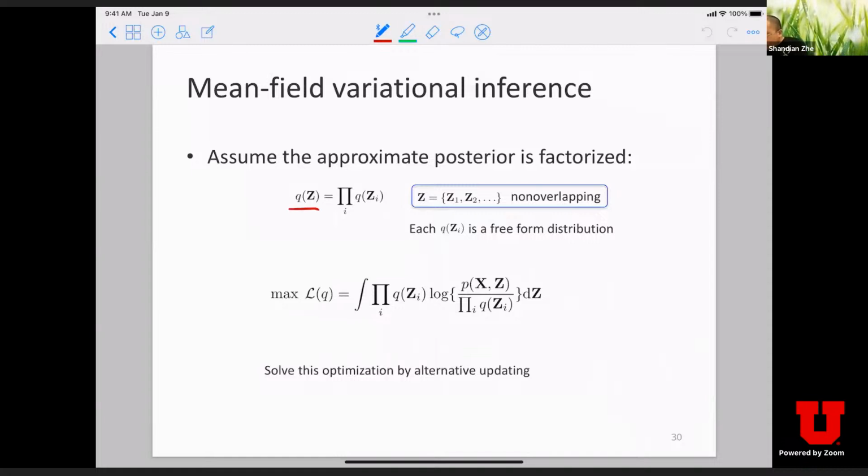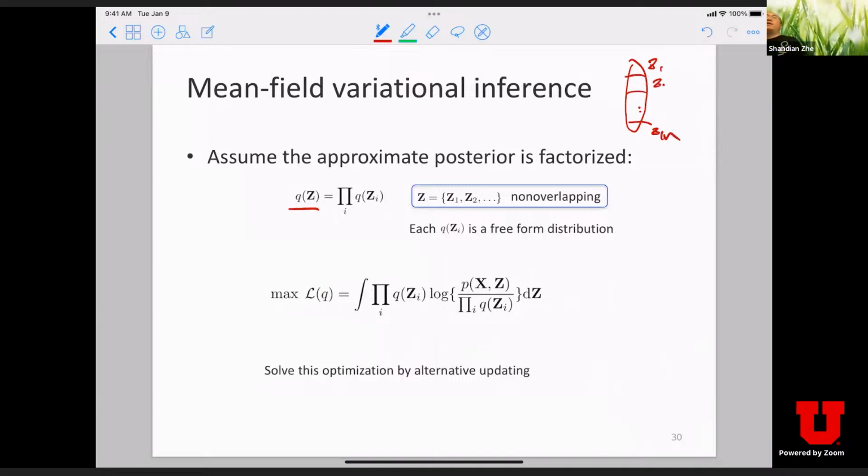We assume the form of our approximate distribution is factorized over several subgroups of the random variables in Z. Z can be viewed as a set of random variables, in general a vector. You can partition this vector into several subgroups like Z1, Z2 to Zm.